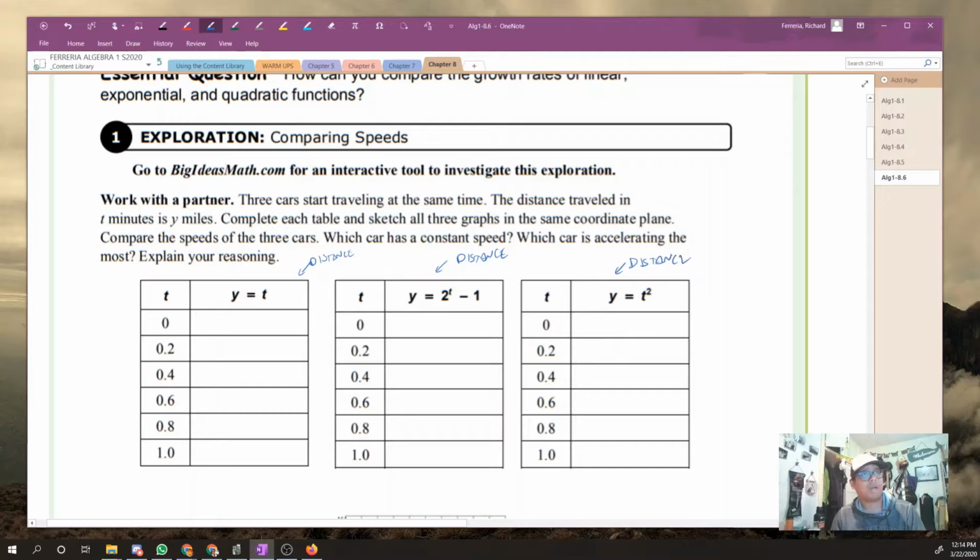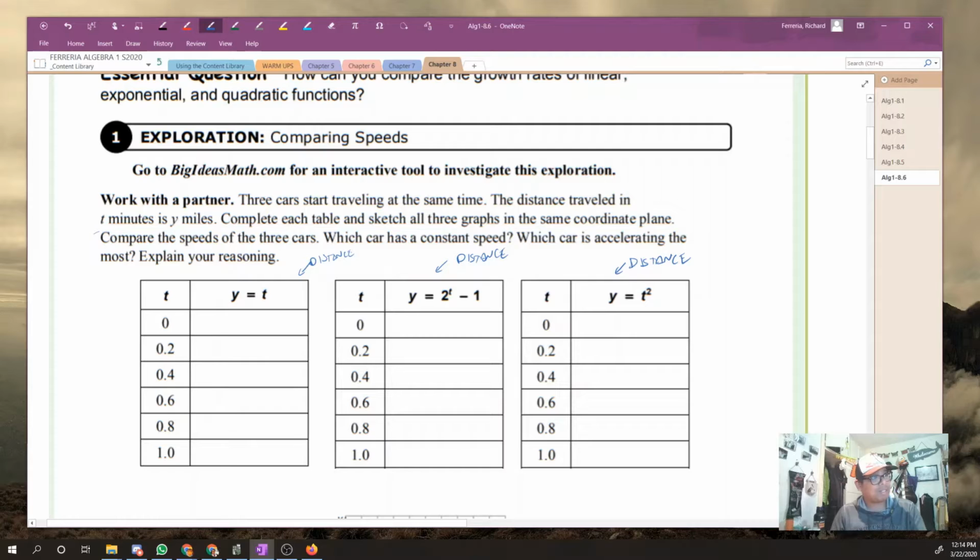Whichever has the greatest value in that second column is the one that went the furthest. Also, notice that we're talking about t minutes, so we're only going from 0 to 1 minute. And how far did they go?